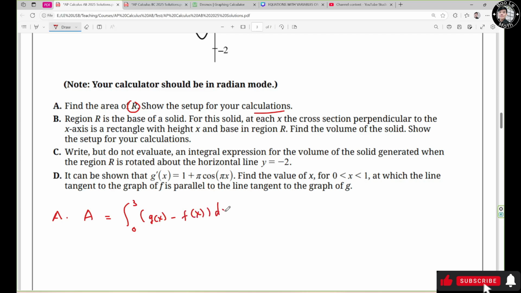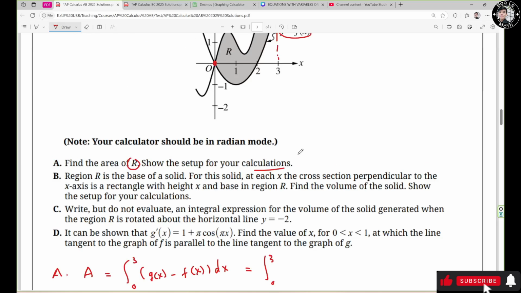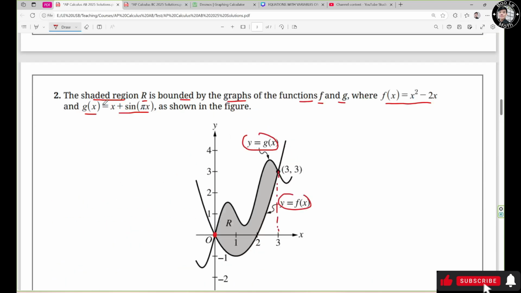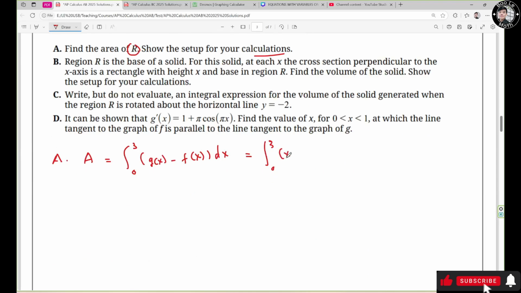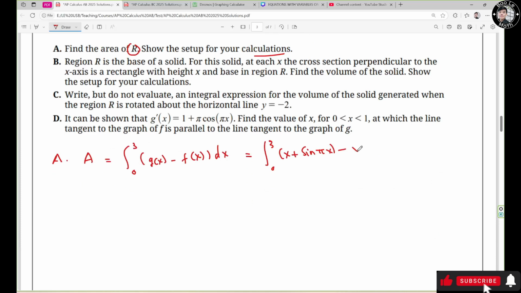And don't forget to put dx. So it turns out to be the integral from 0 to 3. Now g of x is going to be this one right here, x plus sine pi x, and subtract f of x, which is x squared minus 2x, dx, right?